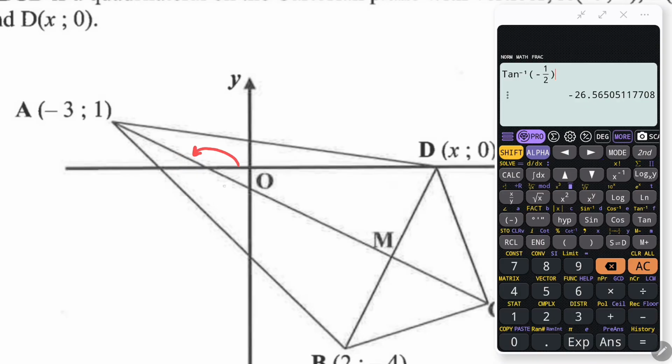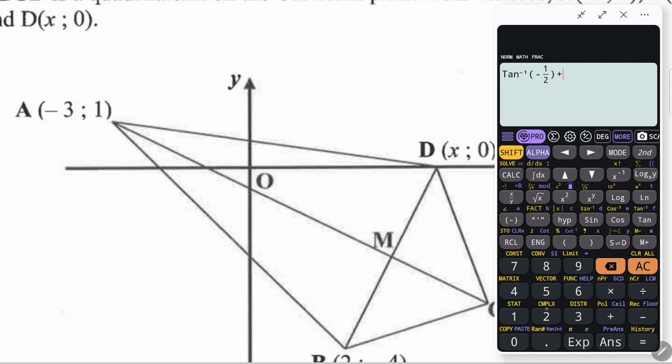So to get the positive angle, we add 180 degrees. If you measure this angle and you want the obtuse angle, you add 180 degrees, which creates a perfect straight line. It gets to here, reaches 0, and then calculates the value of the obtuse angle. So that's what we're doing.